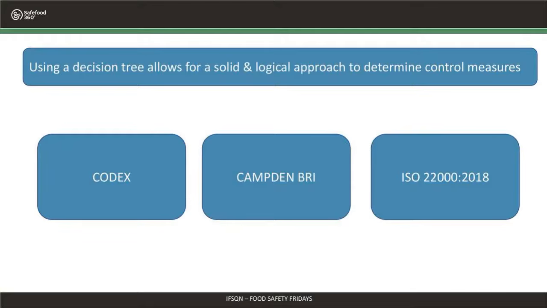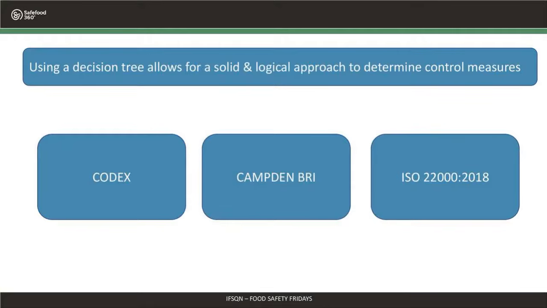As I mentioned earlier, GFSI standards set out requirements for determining control measures. And again, if we were to look at BRC version 8 versus ISO 22000, there may be some variation there. So it's important to know your GFSI standard and what it defines. There are a large number of decision trees employed and cited in various standards. Probably one of the most common has been the Codex standard decision tree for HACCP.